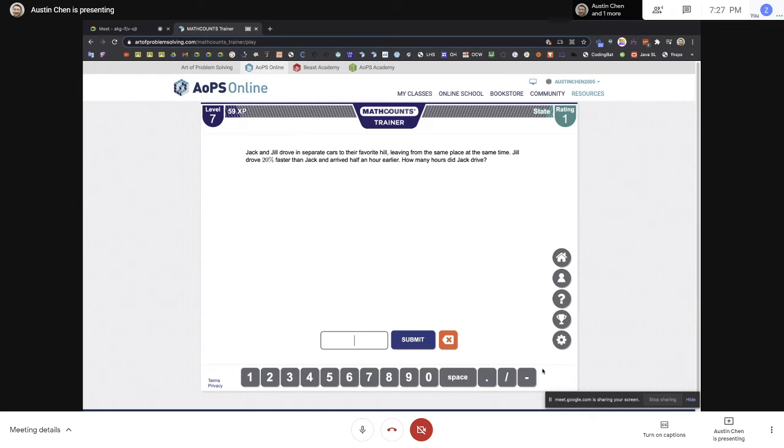Okay, so she drove 20% faster. So her speed is going to be multiplied by 1.2, right? Right.